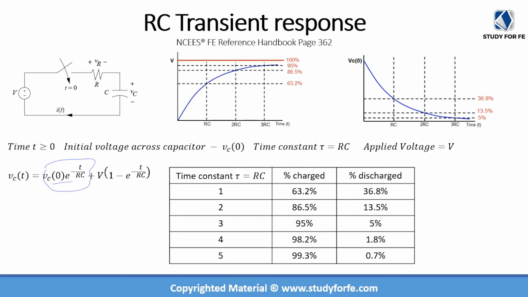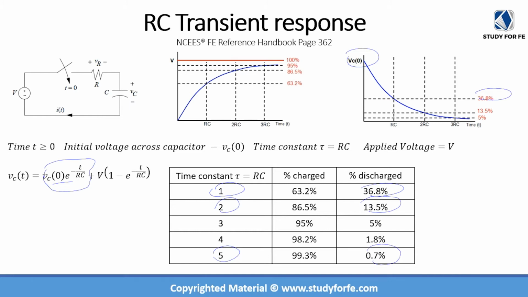So after the first time constant, when tau is equal to 1 times RC, if the capacitor is discharging through the resistor, the voltage would drop to 36.8% of its initial voltage. Whatever that initial voltage is, I'm calling it VC0. After 2 time constants, the capacitor would discharge to 13.5% of its initial voltage. And after 5 time constants, the capacitor would practically be completely discharged, with the voltage only 0.7% of the original voltage.